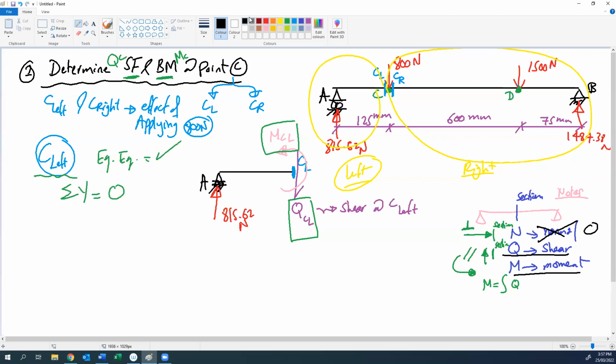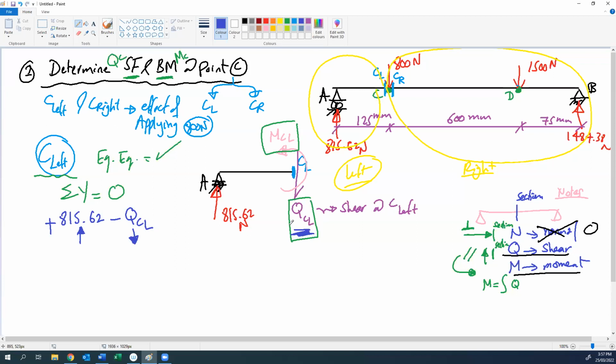What vertical forces, or y forces, do we have here? We have 815.62, which is the reaction going up, so positive. And what else do we have? We have QCL, minus QCL, going down. Why assume it going down?